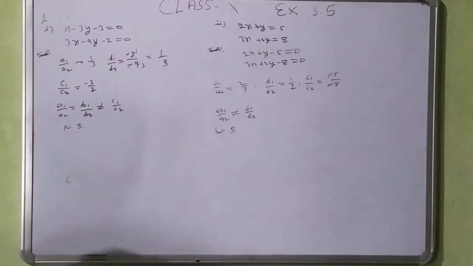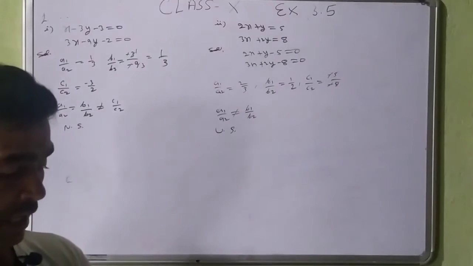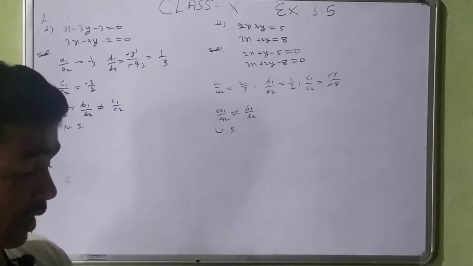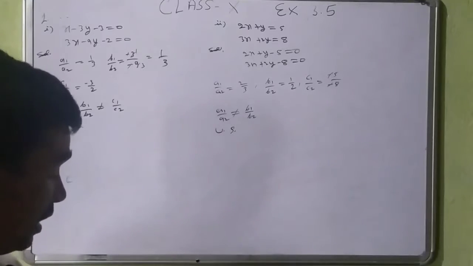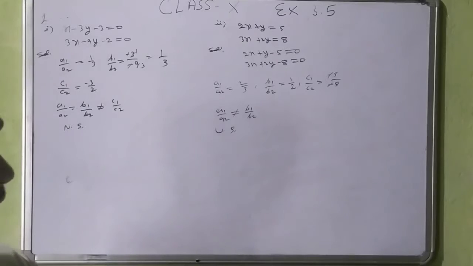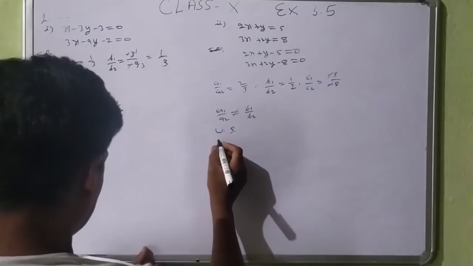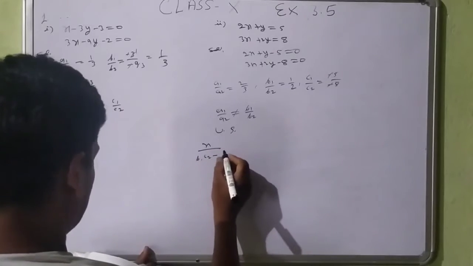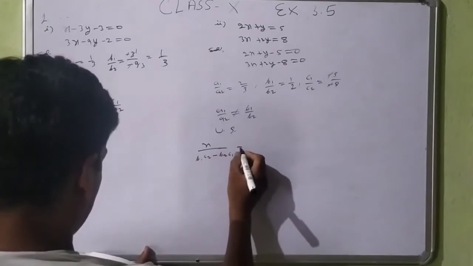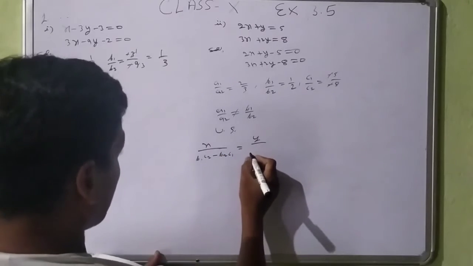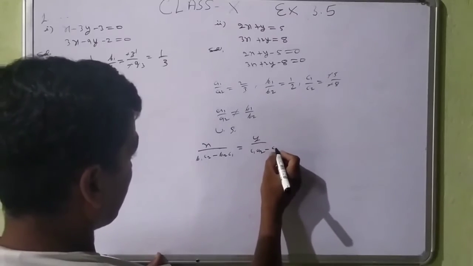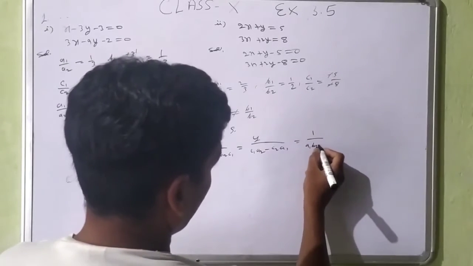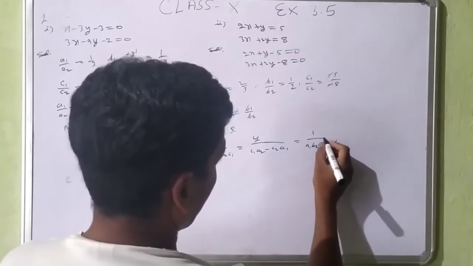Unique solution. Since it is written, in case there is a unique solution, find it by using the cross multiplication method. On page number 60 the formula is given: x upon b1 c2 minus b2 c1 is equal to y upon c1 a2 minus c2 a1 is equal to 1 upon a1 b2 minus a2 b1.